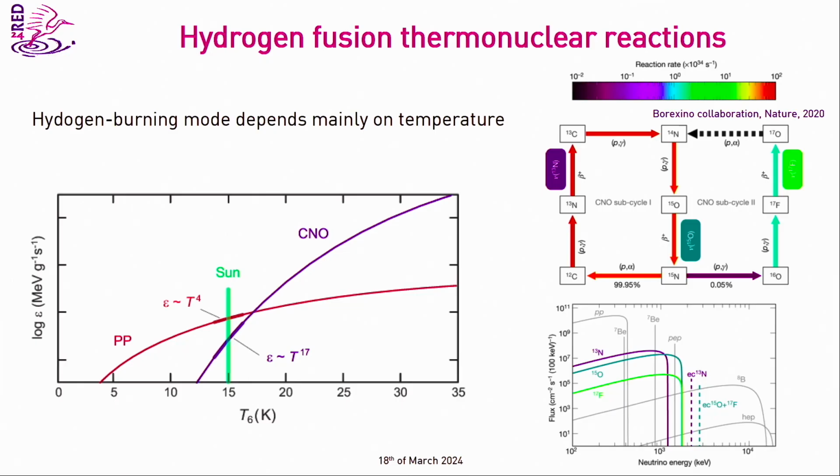What you see in this curve is that the CNO energy production rate depends very strongly on temperature, meaning that the massive stars, or the stars that produce energy with the CNO cycle, evolve much more rapidly, because if you have a hot medium, you have a high probability of having the CNO cycle, so you fuse hydrogen at a very fast pace, much faster than pp chains.